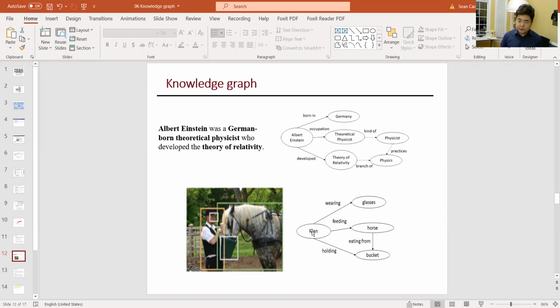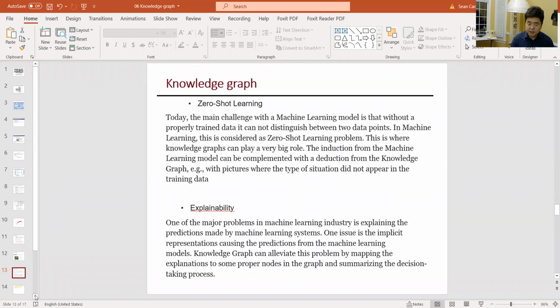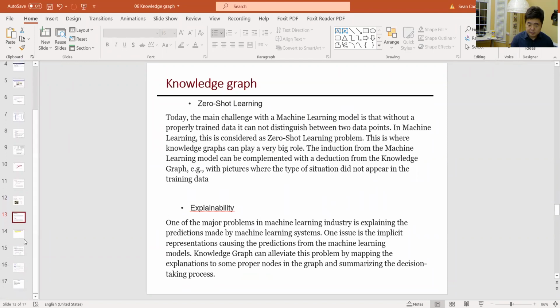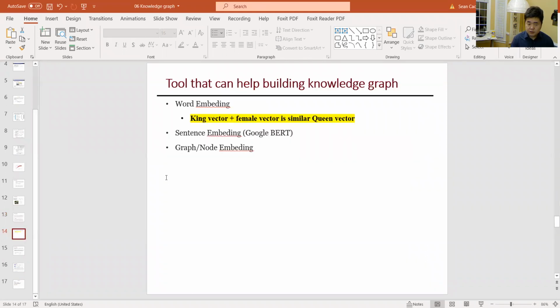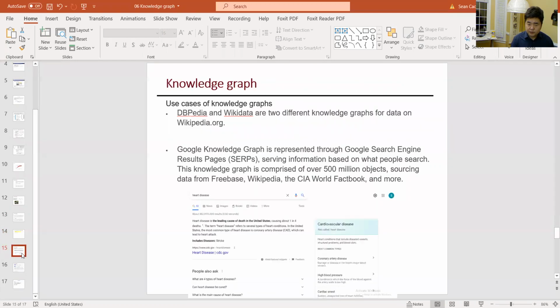So the interpretation is relatively easy using a knowledge graph. So it helps with two big issues in the machine learning area. That's something you guys can keep in mind, why sometimes we want to put an emphasis on the knowledge graph. So how exactly do we do the knowledge graph thing?